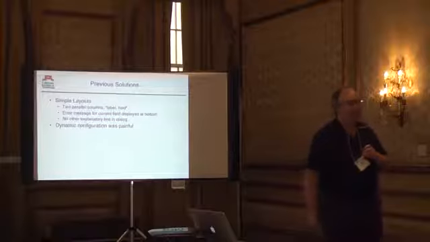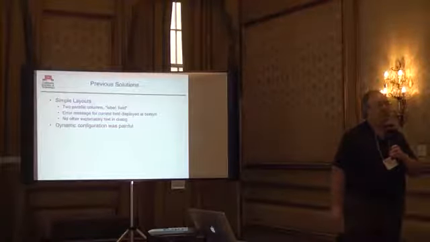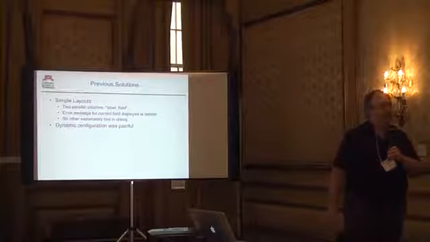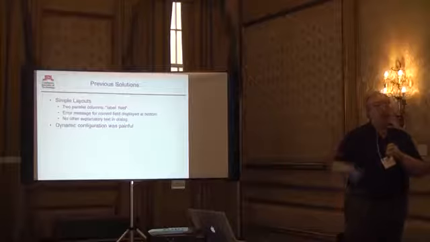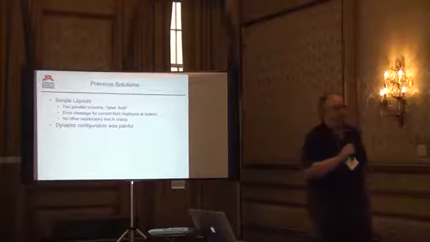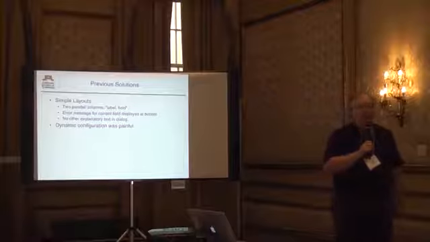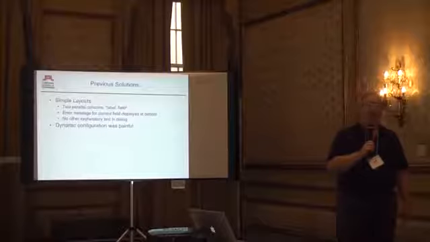Dynamic configuration was extremely painful. The way it generally worked was you could specify some callbacks. And at particular events in the lifetime of the dialogue, the callback would be called. And you'd have to write a function that would say, well, what just happened, I think. You have to figure that out. I think this is what just happened.